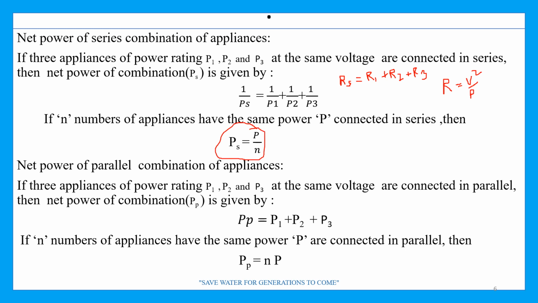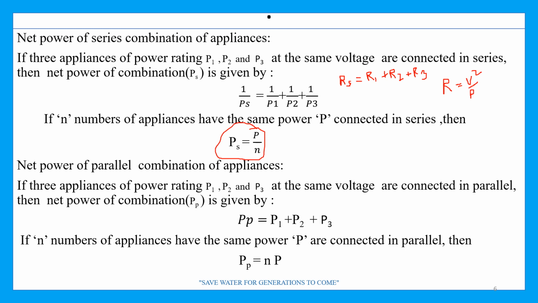Now next, if the same appliances are connected in parallel, then what will happen? The combined power, where small p represents parallel and capital P represents power, will be P1 plus P2 plus P3.